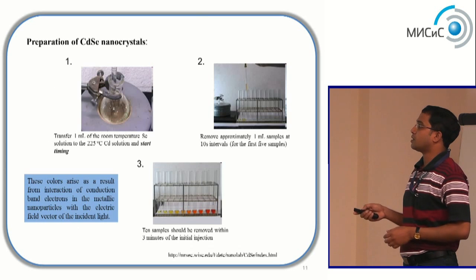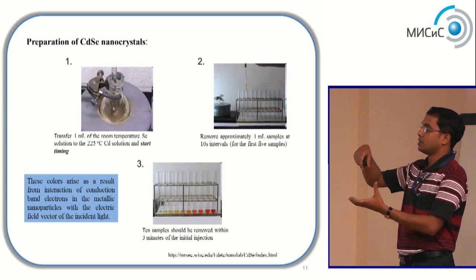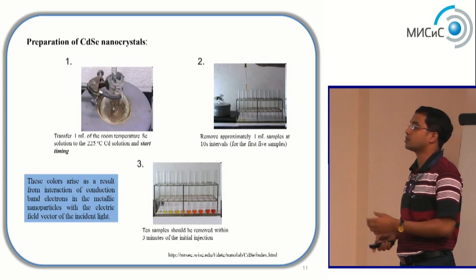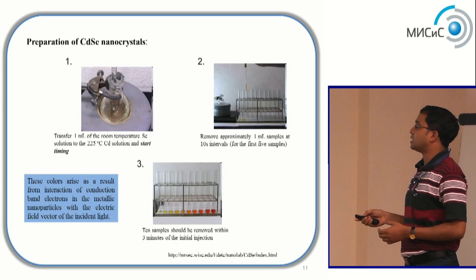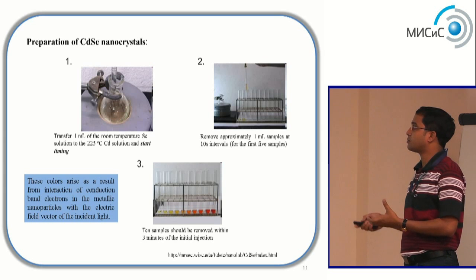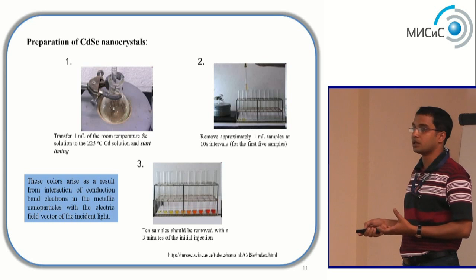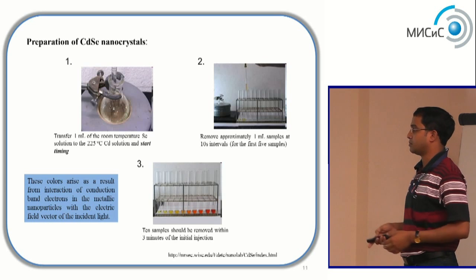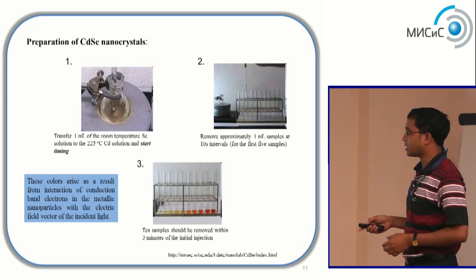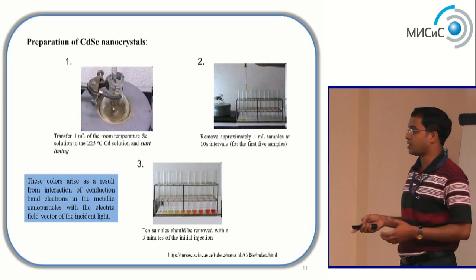As usual, we transfer the heat and inject the cadmium ions into the solution, and it should be mentioned that after an interval of 10 seconds, you have to collect your sample. So within 3 minutes, you can collect all your samples in the test tube. Again, you have to preserve it not in the open atmosphere, obviously, but within the argon atmosphere.